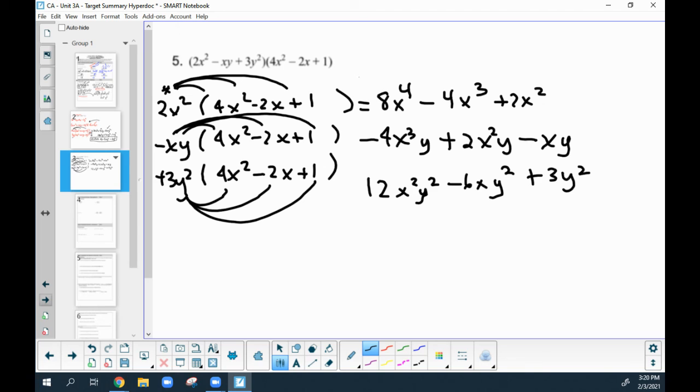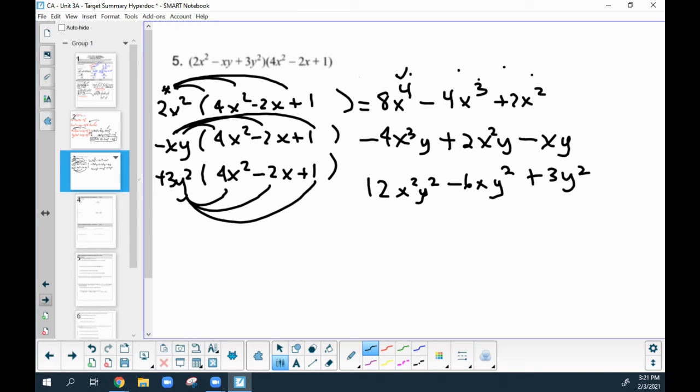So let's double check. Is there anything that has a single fourth power? It looks to me like everything is different, but let's just check. Nothing with the third power, nothing with a single x. Is there a 3 x's and 1 y? 3 x's, 1 y, 3 x's, 1 y. There's not a darn thing matching.